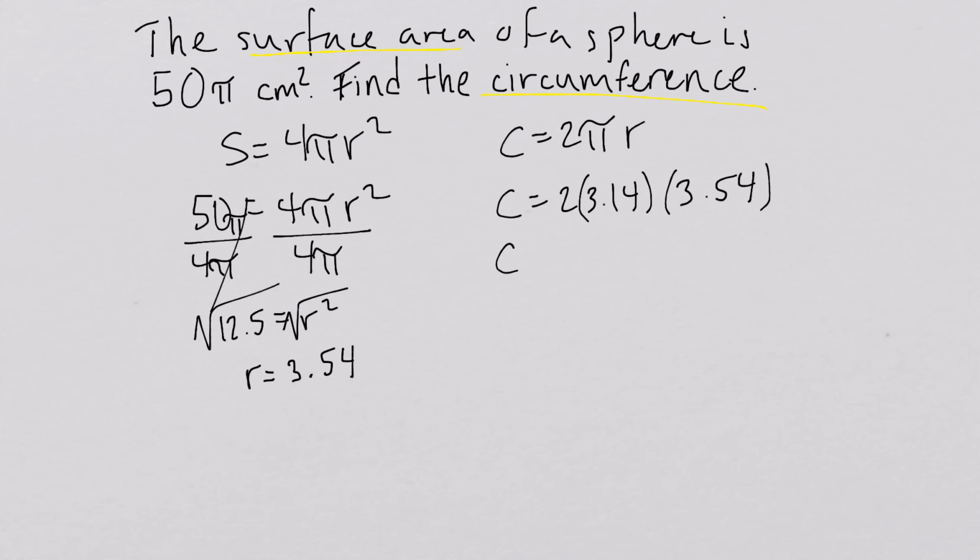That gives me the circumference, which is 22.2 centimeters. And you're done. So they gave me the surface area. I used that value to find r. Once I found r, I plugged it into the circumference, and that's how I found 22.2.